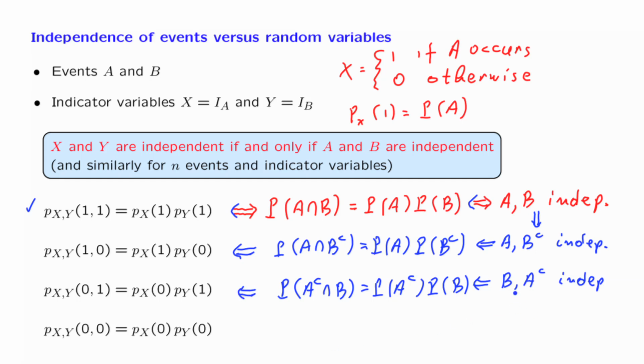Finally, using the same property that we used for the first step here, we have that A complement and B complement are also independent, and by following the same line of reasoning, this applies to the fourth relation as well. So we have verified that if events A and B are independent, then all of these four equations will be true, and therefore random variables X and Y will also be independent.